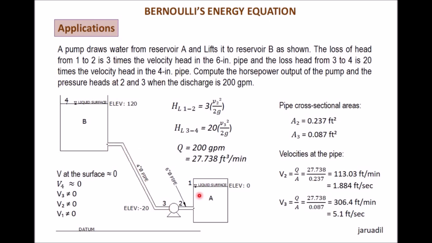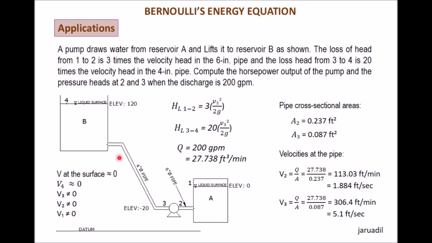The loss of head from this point to this point in the 6-inch pipe is 3 times the velocity head in this pipe. And also the loss of head from point 3 at the discharge of the pump to point 4 is 20 times the velocity head in the 4-inch pipe. We are asked to compute the horsepower output of the pump and the pressure heads at point 2 and point 3 when the discharge is 200 gallons per minute.